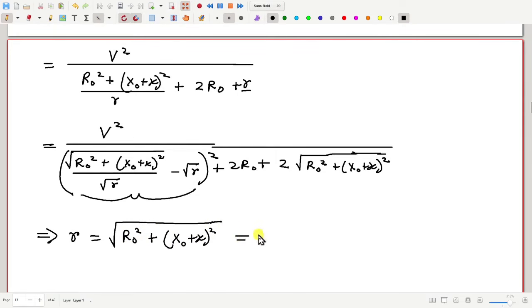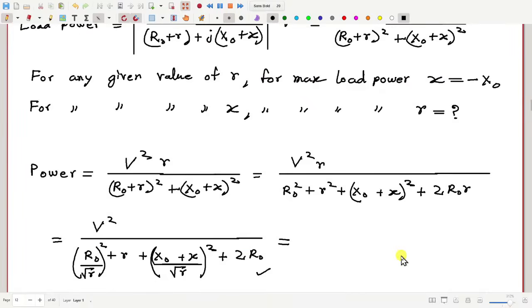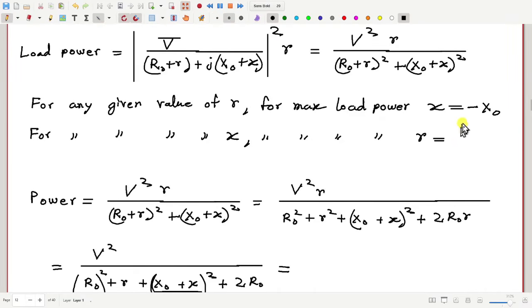So which is basically the same as the magnitude of the other series impedance, the total impedance in series. So here the conclusion is r should be equal to root over R naught square plus x naught plus x whole square.